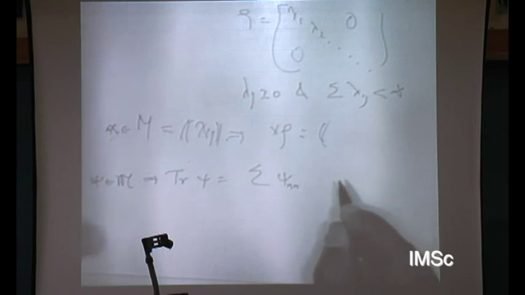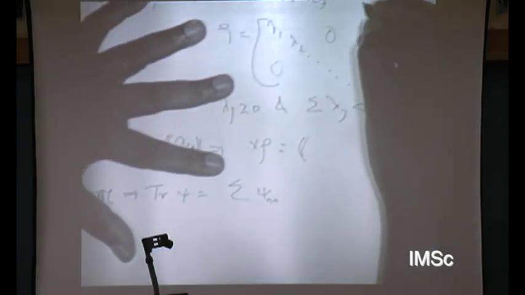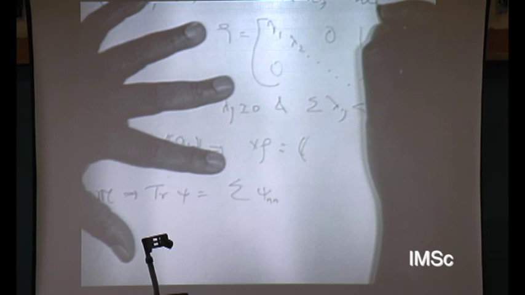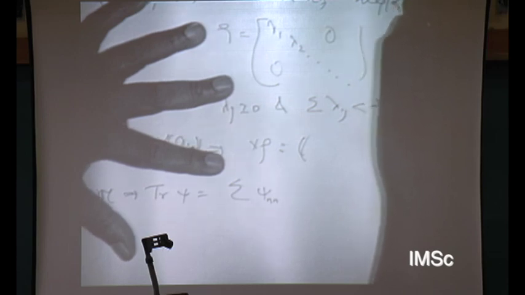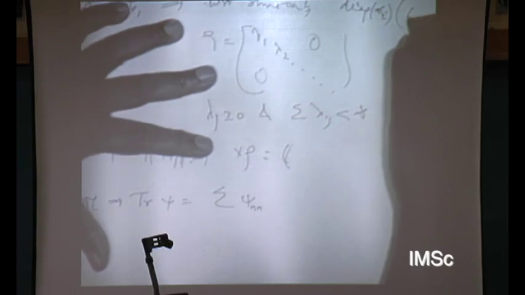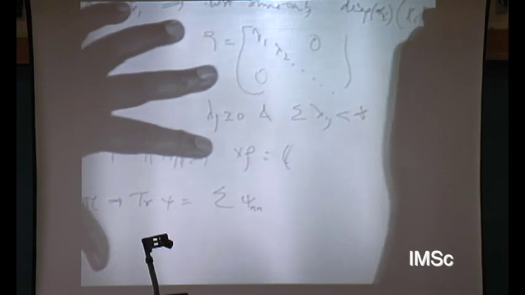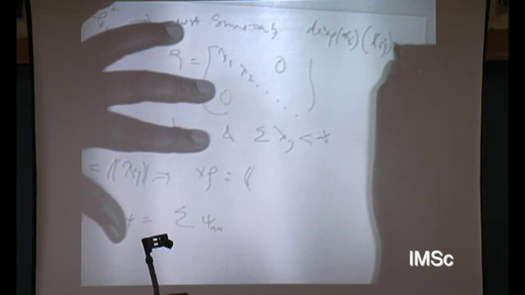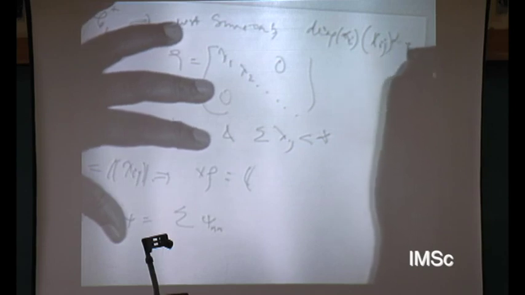I have told you again and again, you take a diagonal matrix alpha i, multiply by a full matrix, multiply by another diagonal matrix, beta j.